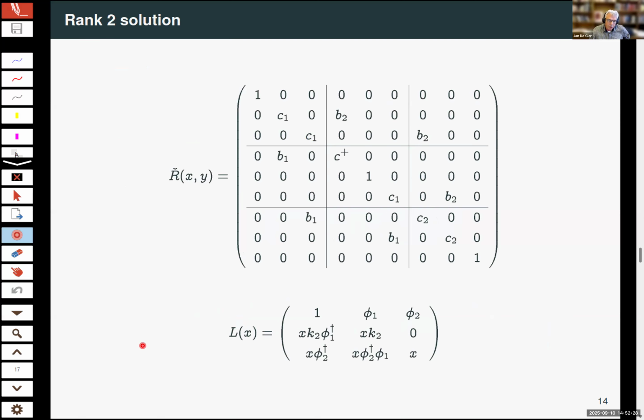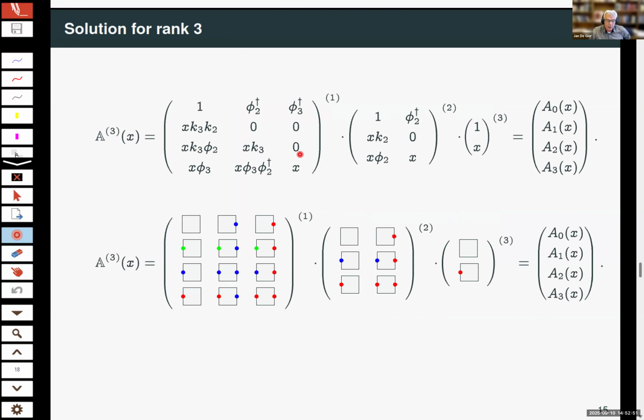And we can do this for rank 2. So now we have a 9x9 R matrix, and the corresponding bosonic L matrix looks like this. There are now two families of bosons, phi1 and phi2, with phi2 dagger, and then K is the number operator corresponding to that algebra. So you can go on like this for every rank. We have a general expression for these solutions.